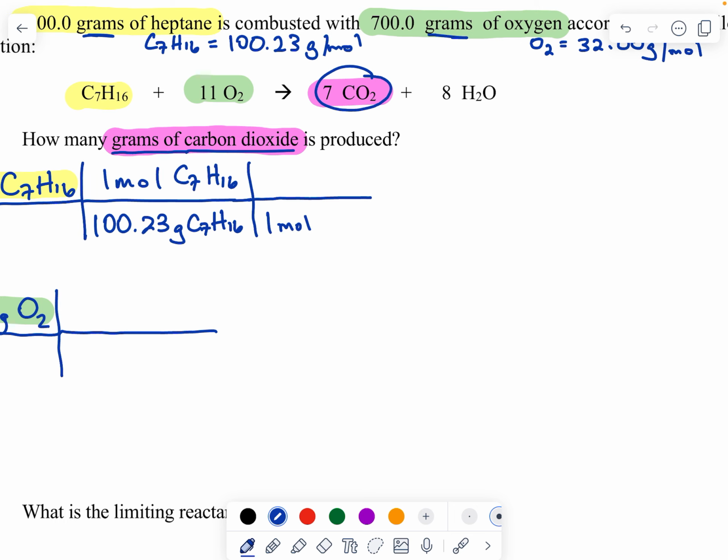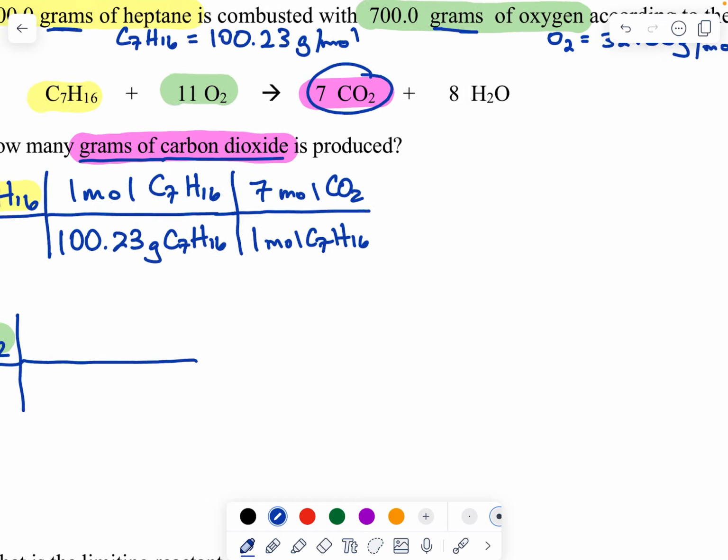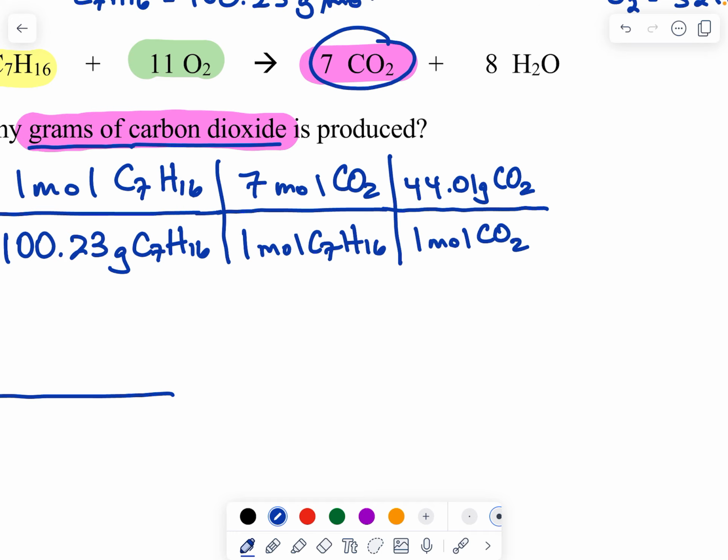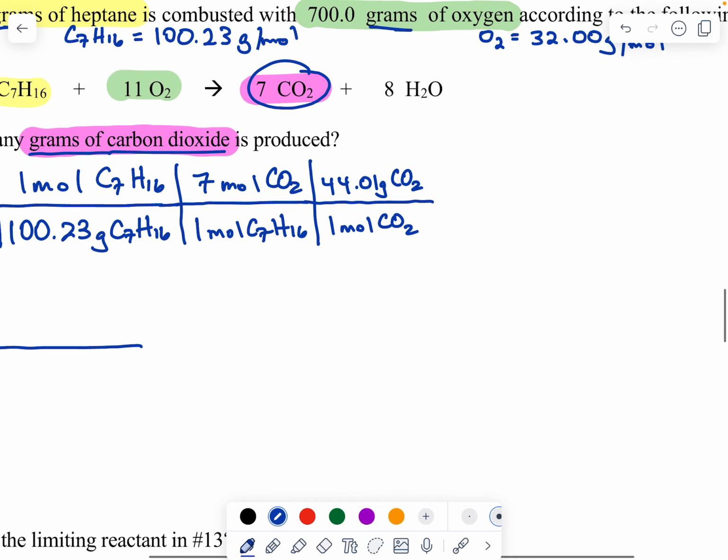For every 1 mole of C7H16 I have, there are 7 moles of CO2, right? We're going to that product, and that 7 comes from right there. Right, and the last step, the carbon dioxide, 1 C and 2 O's. The molar mass of that would be 44.01 grams. All right, and we are golden for that setup there.